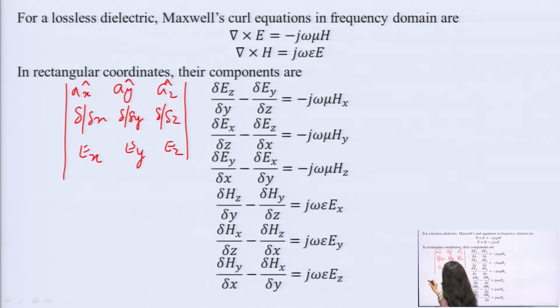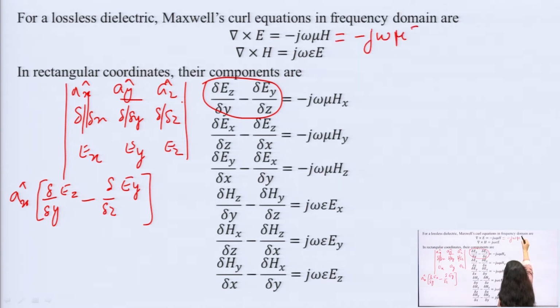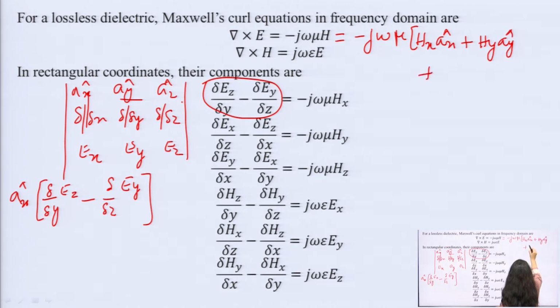So, the first expression, the Ax cap component, is equal to del by del y Ez minus del by del z Ey. You are able to see that we are getting this expression, and when we break down this j omega mu, Hx Ax cap plus Hy Ay cap plus Hz Az cap.